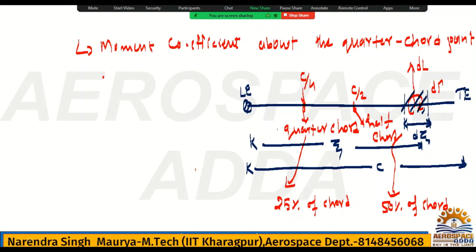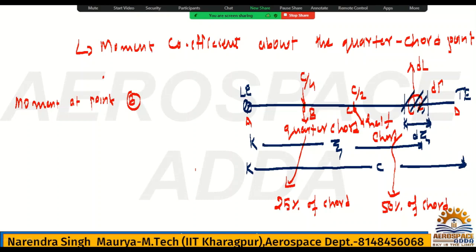Means at points, I must say this is A, this is B, this is C, and this is D. Okay, now you are going to calculate moment at point B. So how to write here? I will tell you a direct trick. Don't go for the full derivation again, okay?